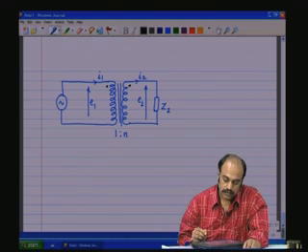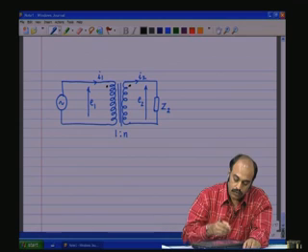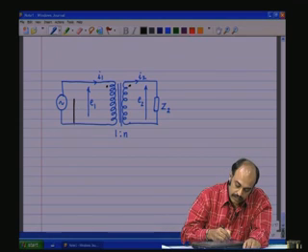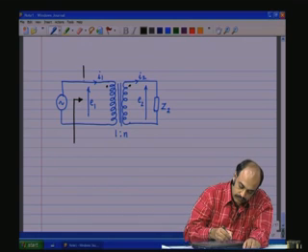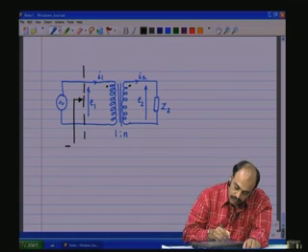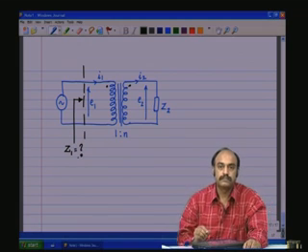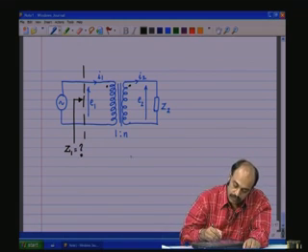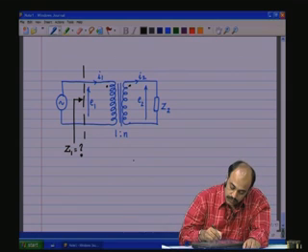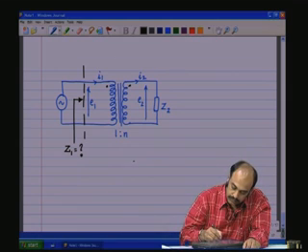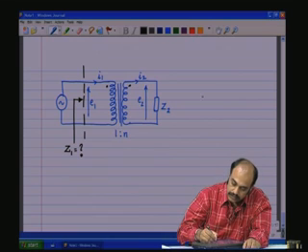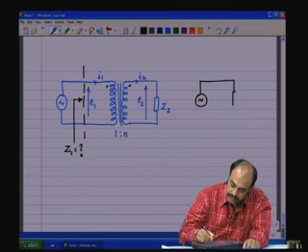Now, it is interesting to see what is the impedance seen by this source. What is the impedance seen by the source? So, the source impedance, which means what is it equivalently, the value of Z1 if we are to get the same I1 and E1.